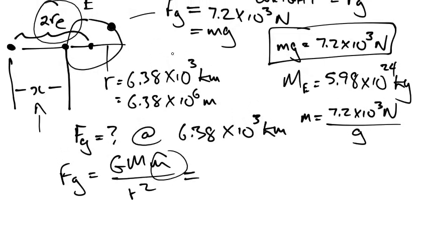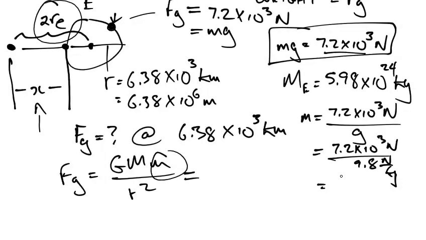Remember, they said this weight was on the surface of the Earth. So 7.2 EE 3 divided by 9.8 newtons per kilogram, and we get a mass of 735 almost kilos. So that's the mass of the spaceship.